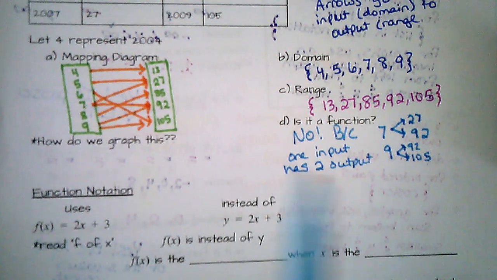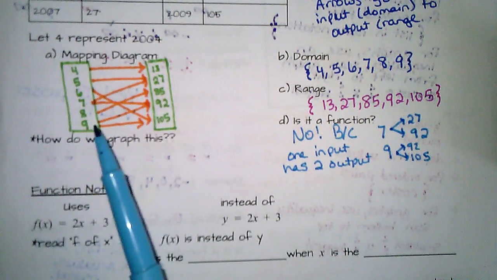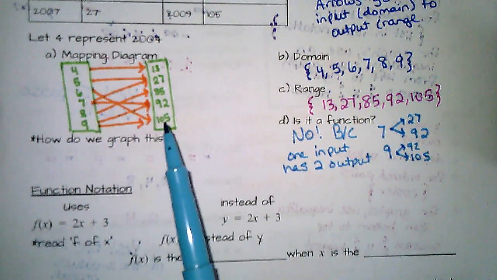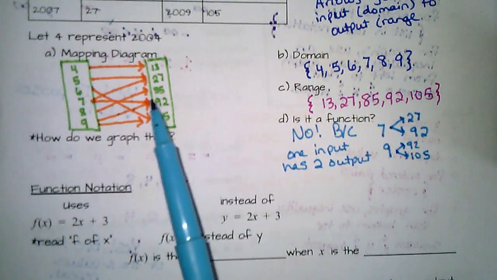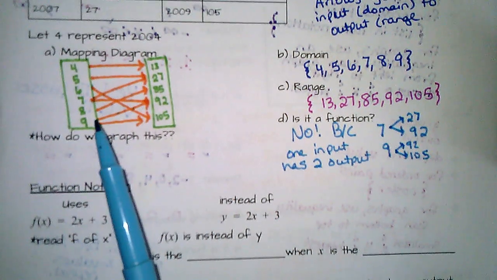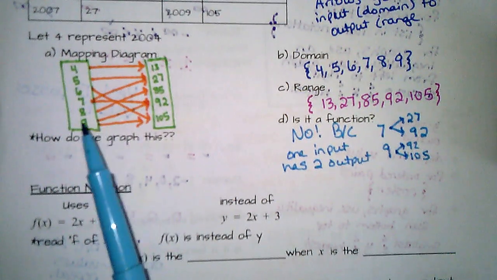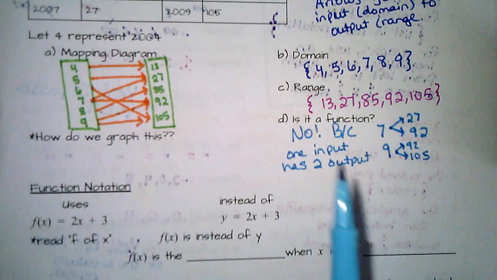So each input, each one on this left-hand side, is only allowed to have an arrow to one number over here. Now, do I care if multiple arrows point to 92? No, I don't care. But you can't have more than one arrow start from a number over here.